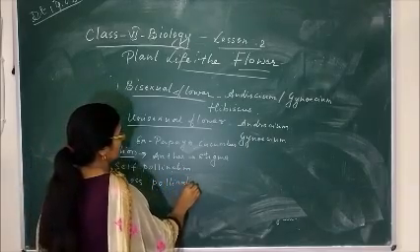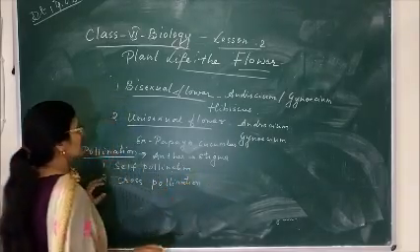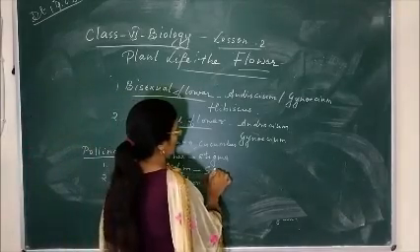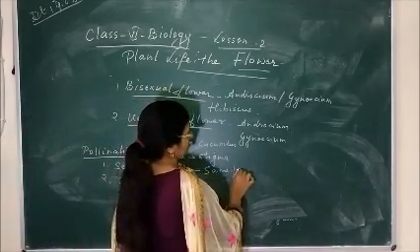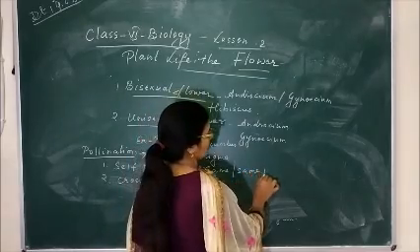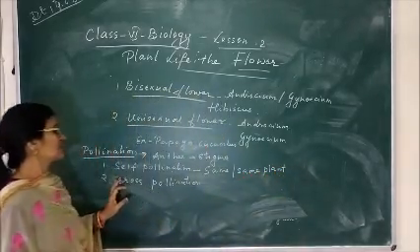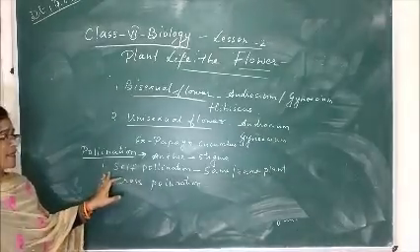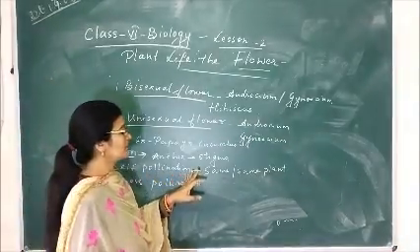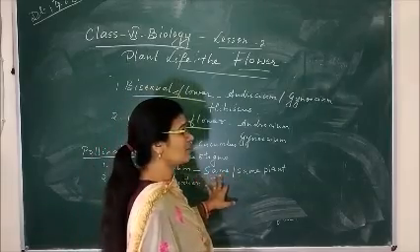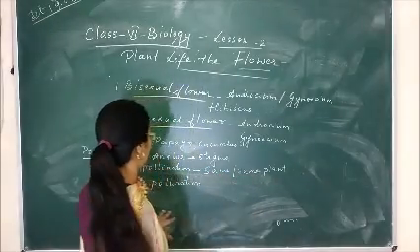Self-pollination means when the pollen grains are transferred from anther to the stigma of the same flower of the same plant. So such type of pollination is called self-pollination, in which the pollen grains are transferred from the anther to the stigma of the same flower of the same plant.